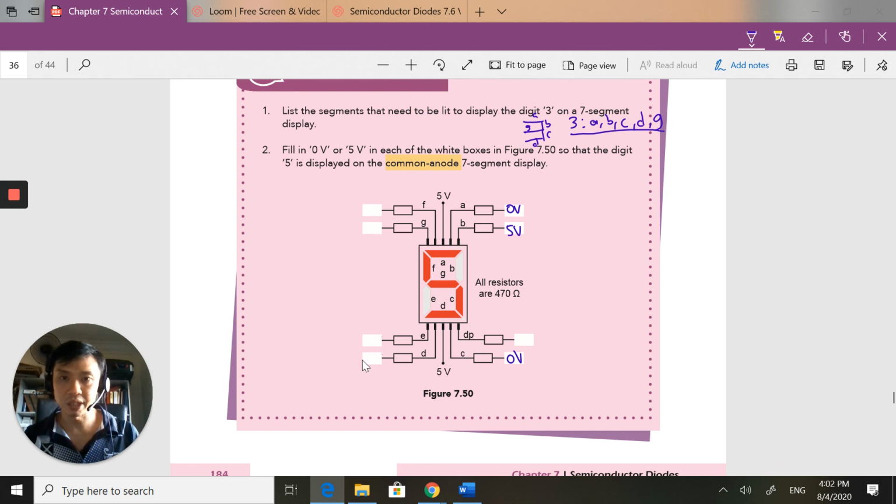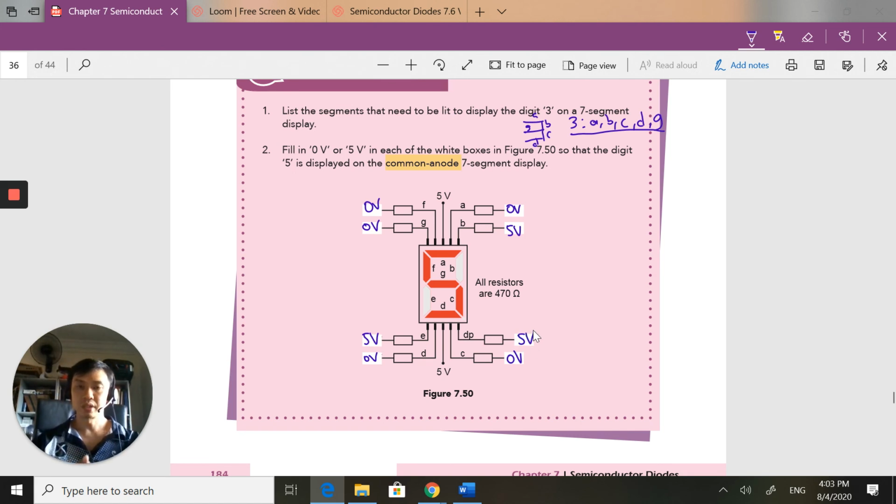D is lit, so I will put it to 0 volts. E is not lit, I'll put it to 5 volts. F is lit, so I'll put it to 0 volts. G is lit, so I'll also put it to 0 volts. The decimal place looks like it is not lit, so I'll put it to 5 volts.